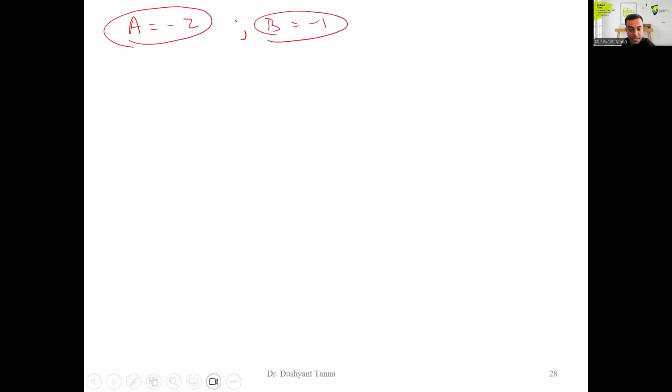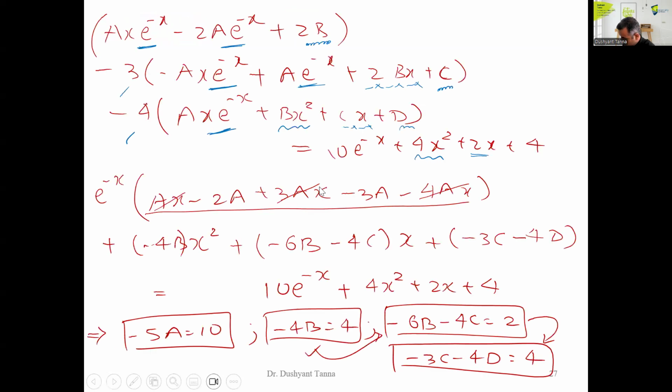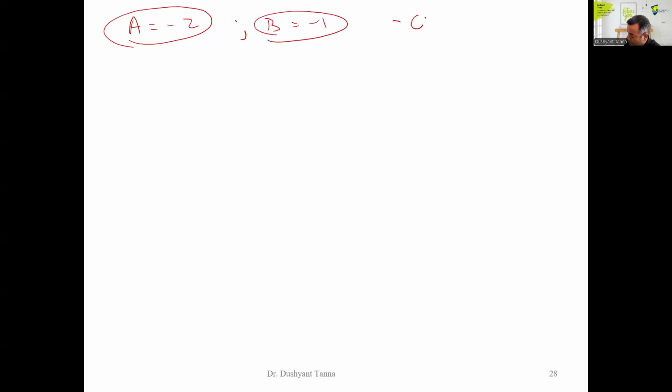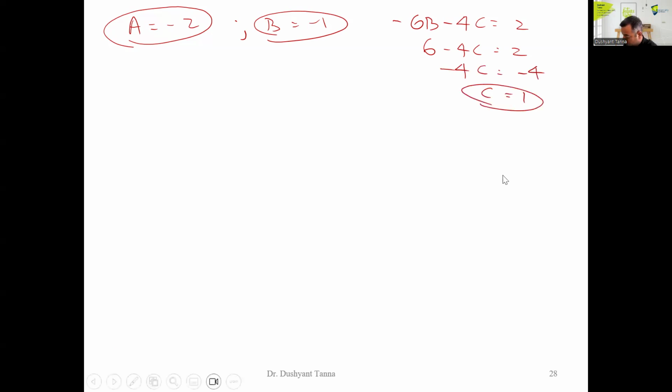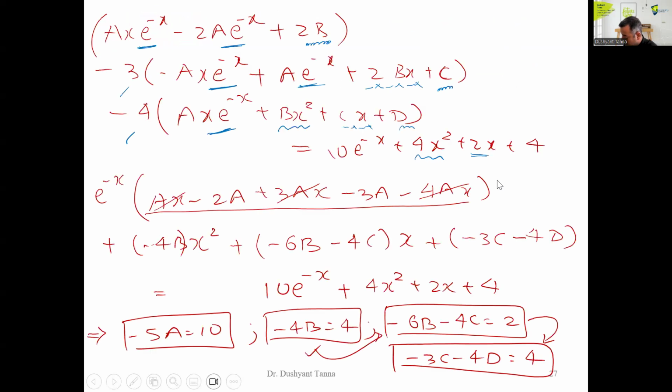Right? Now, what is the next thing? B is minus 1. What we have, minus 6b minus 4c is 2. So 6 minus 4c is 2. Minus 4c is minus 4. C is 1. C is 1. Okay? That will help you with the next one.